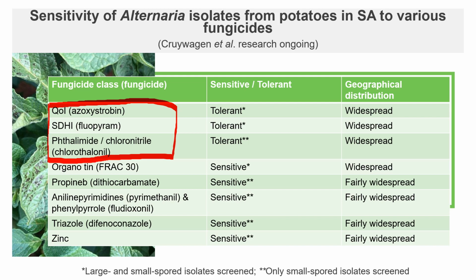So there were some levels of tolerance, but very low. So in summary, I would suggest having a look at alternating compounds from these groups in a management program, to ensure that one can actually manage these pathogens properly and prevent further tolerance buildup in the population.